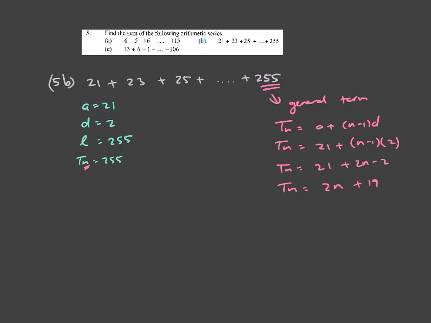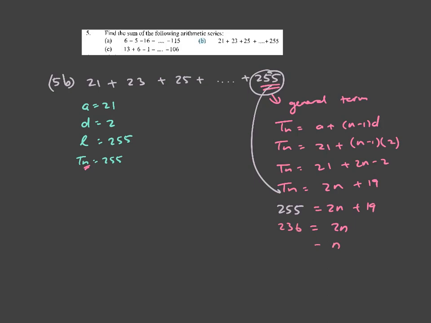All right? So in other words, what we're going to do now is we know the value of the term. 255 is then equal to 2n plus 19. So 2n then is equal to 255 minus 19, and that is equal to 236.